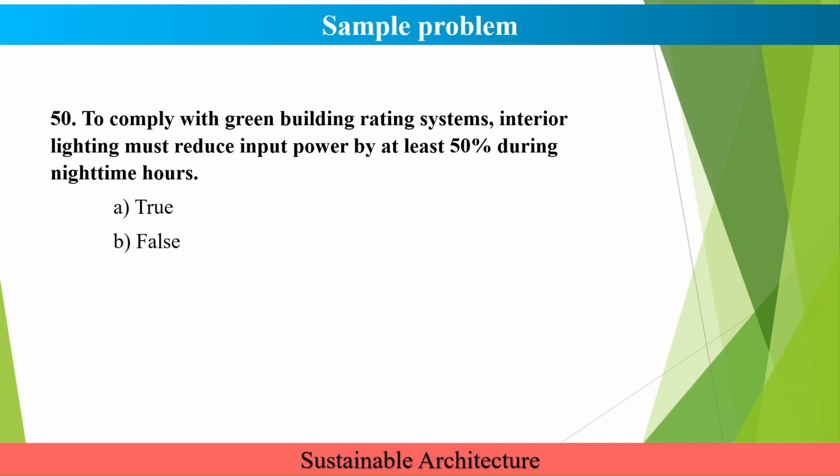So whenever interior lighting compliance is discussed, it is done to reduce the input power of non-emergency interior luminaires by at least 50%. It was discussed between 11 p.m. to 5 a.m. It was discussed in the last lecture.